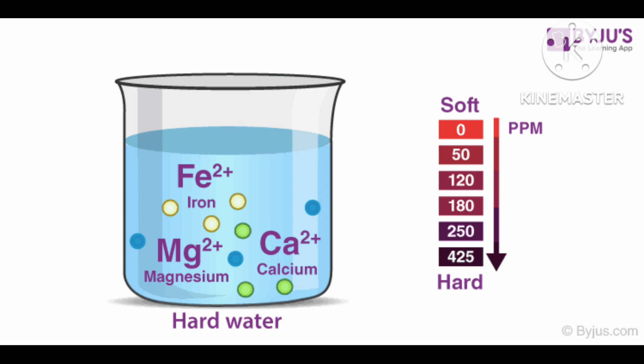Now this RNa will function in removing the calcium and magnesium. The reagent exchanges Na plus ions with calcium and magnesium, in the same way as I told you previously.